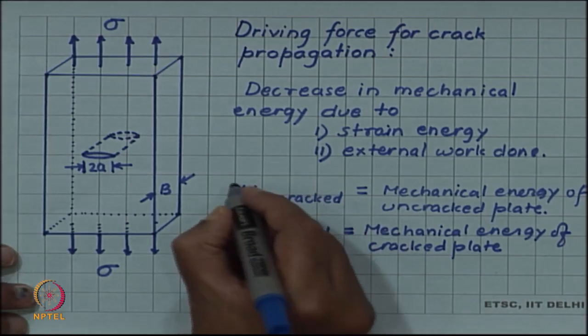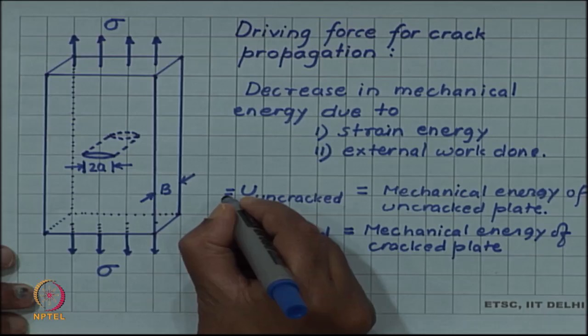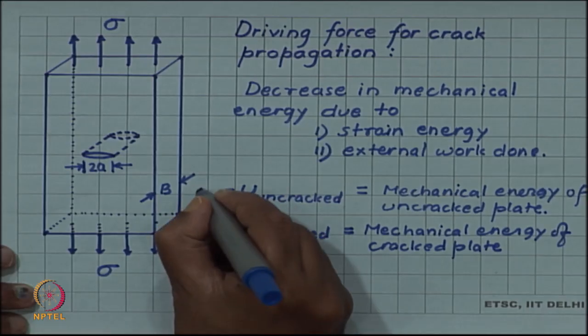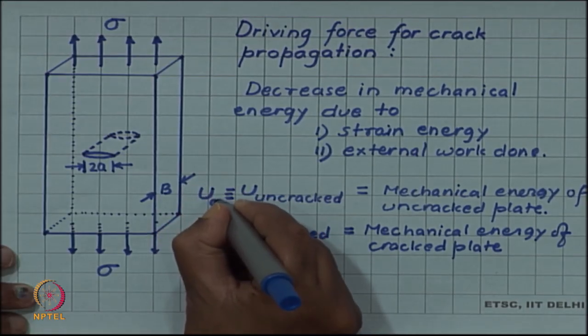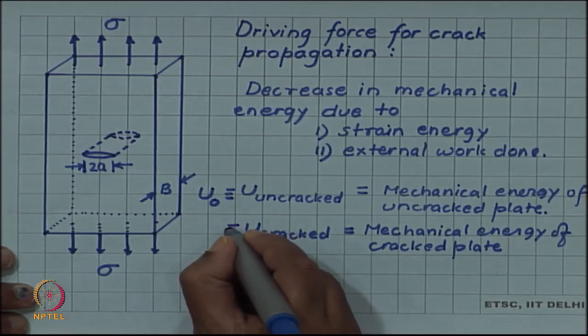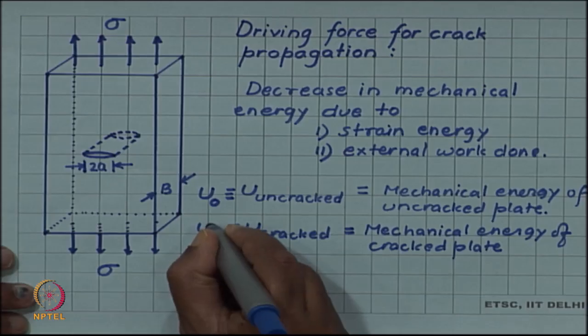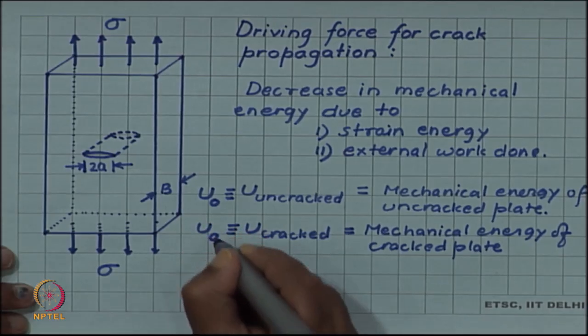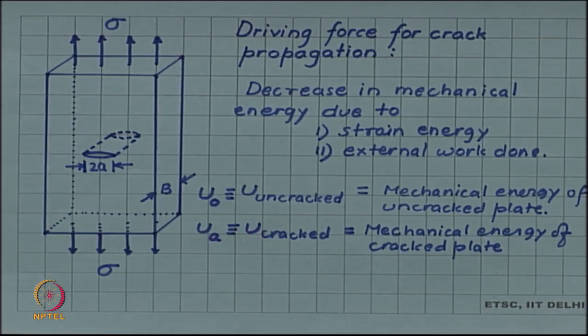Maybe I use a simpler symbol. So, for uncracked, let me write U0, that is, a crack of 0 length is there, and for the crack I write Ua, that is, a crack of length 2a is there.